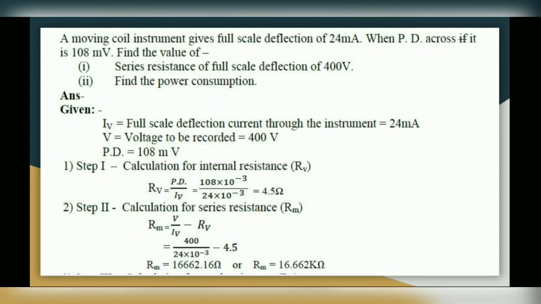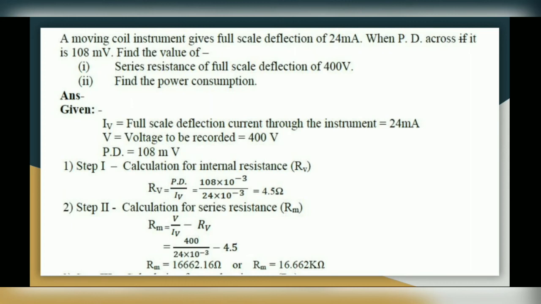So step 1 is calculation for internal resistance, that is Rv. The value of resistance of the voltmeter is not given in this numerical, so you have to calculate it by using the formula V upon I. So Rv is equal to PD, that is potential difference, divided by Iv, that is current flowing through the meter, is equal to PD is 108 millivolt.